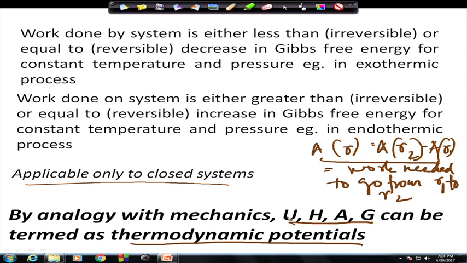I repeat, dU gives you the non-PV or useful work that can be obtained under constant entropy and volume conditions, H for constant entropy and pressure conditions, A for constant temperature and volume conditions, and G for constant temperature and pressure conditions.